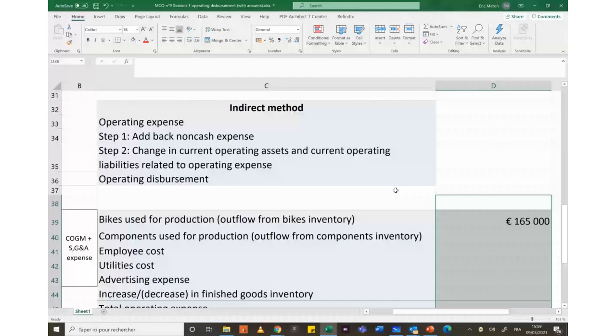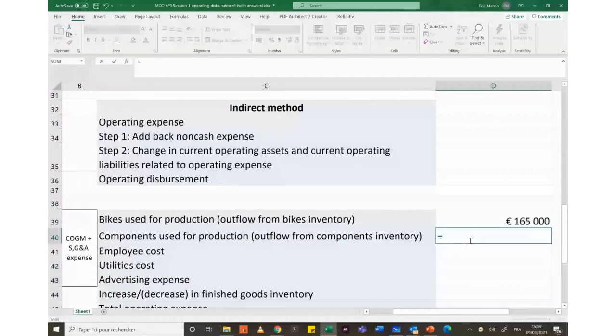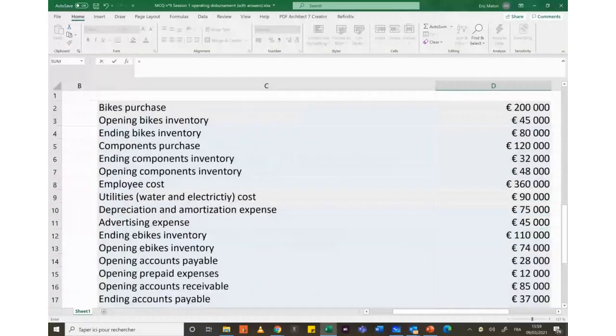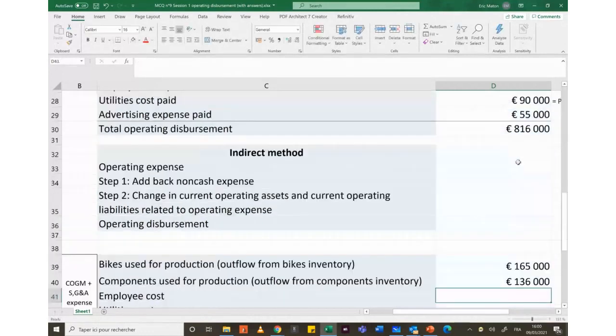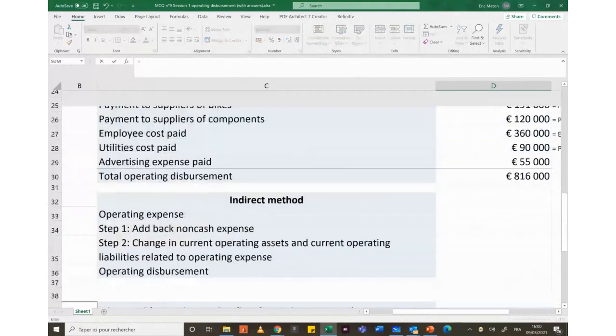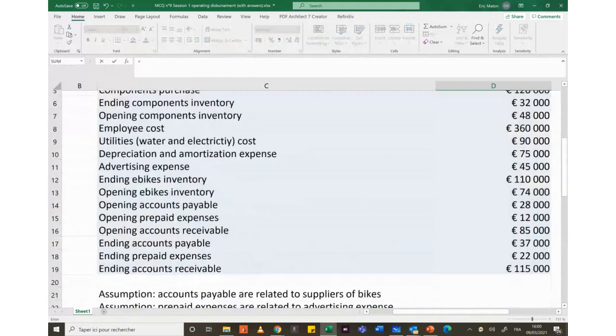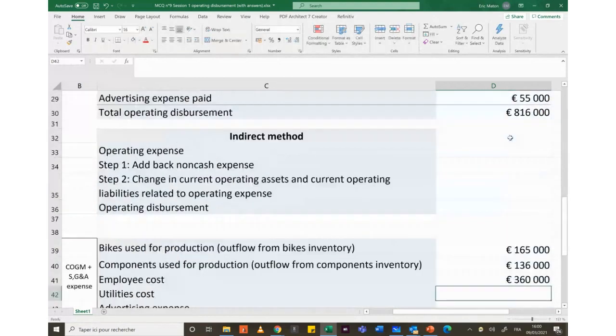Components used for production is the outflow. So what I purchase plus the opening inventory minus the ending inventory. Employee cost, it's here. Utilities is below. And advertising, I suppose, is below also.